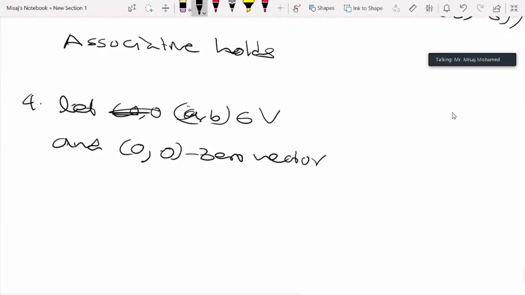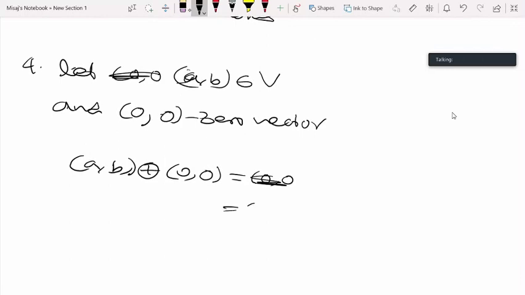If you add (a, b) plus (0, 0), what will be the answer? (a plus 0, b plus 0).